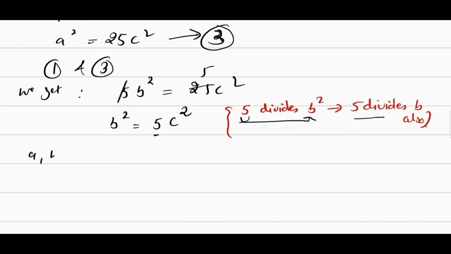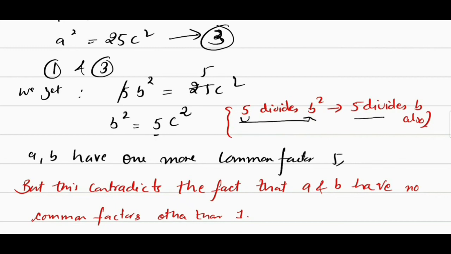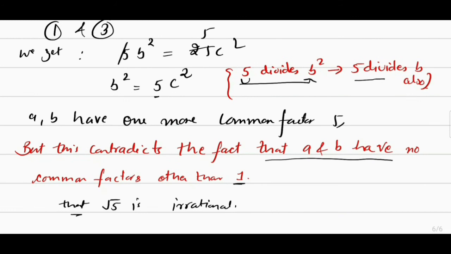It means a and b have one more common factor, 5. But this contradicts the fact that a and b have no common factors other than 1. So this contradiction arises because of our incorrect assumption that square root of 5 is rational. So we conclude that square root of 5 is an irrational number.